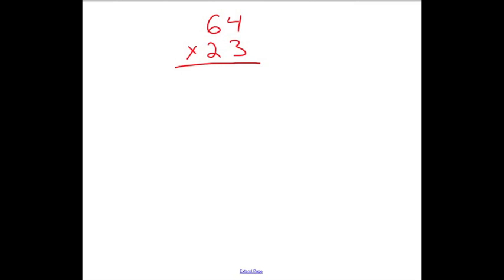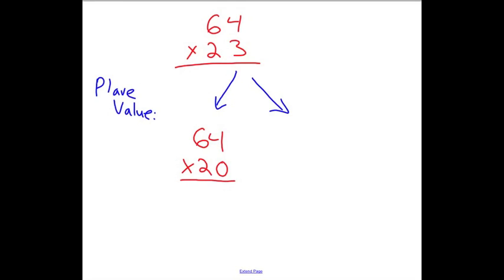The area plan is kind of like the next plan. We'll call it the place value plan. In the place value plan, you take 64 times 23 and you break it apart like you did in the area plan, and you rewrite it 64 times 20 and 64 times 3.